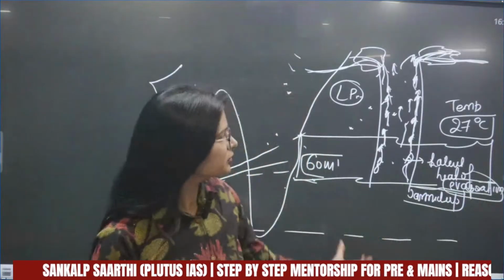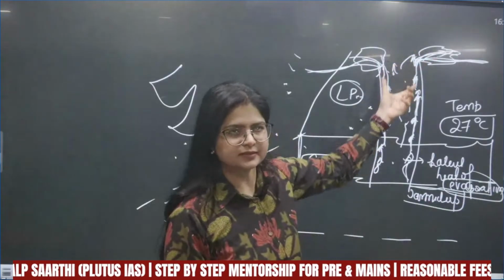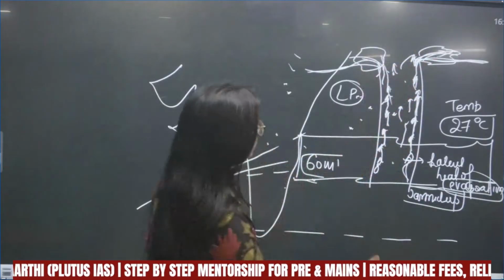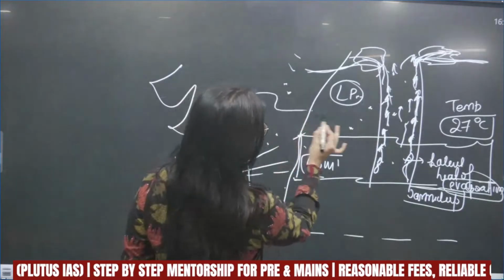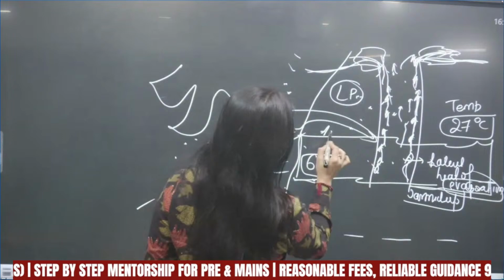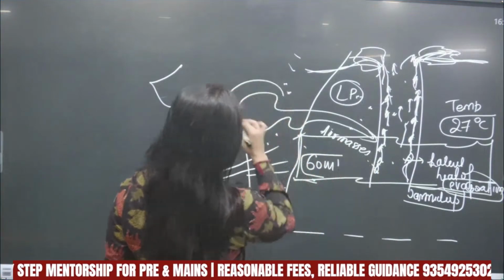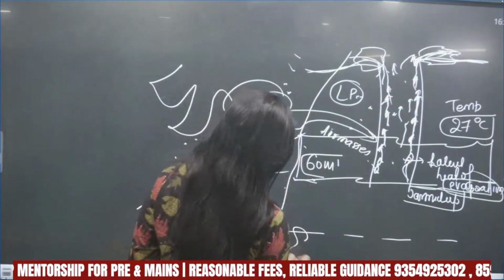The moment it is going up, it is bound to create some kind of clouds, etc. And what else will happen? It will also attract different air masses from different places.